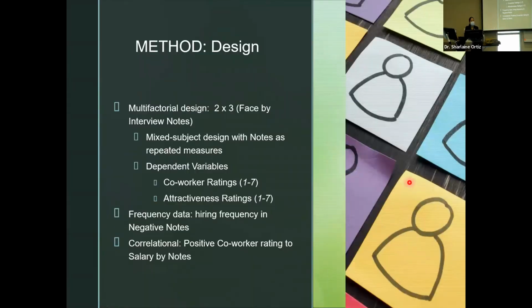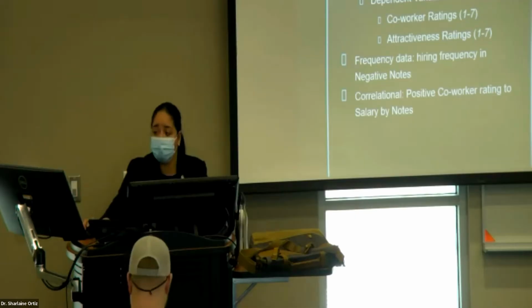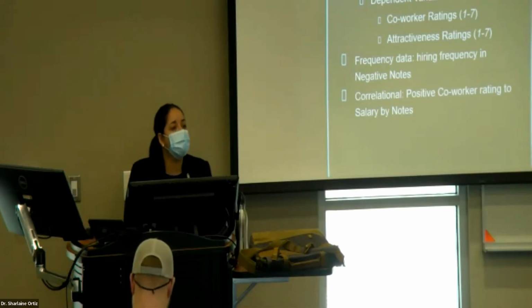What is another characteristic that you will find in a method? Well, for your study, remember that I need you to describe the design. What exactly do we refer to? What are we talking about when we are talking about a design? A design is what the study looked like.